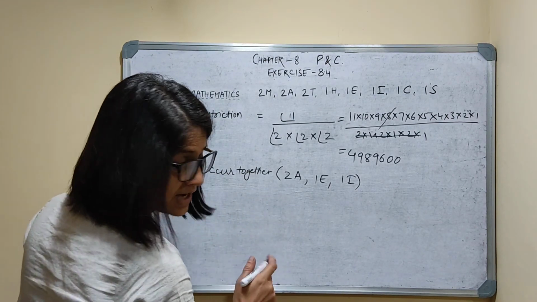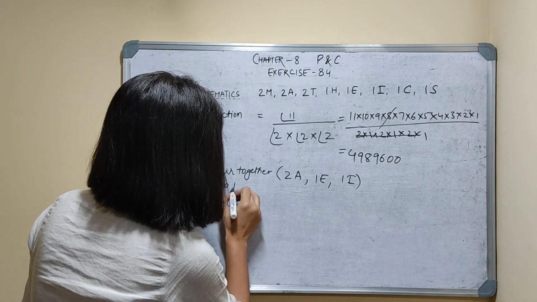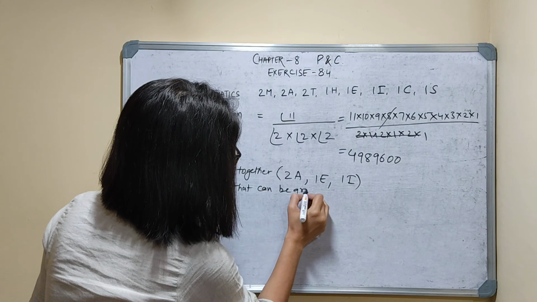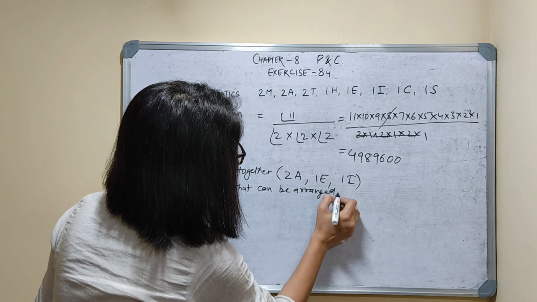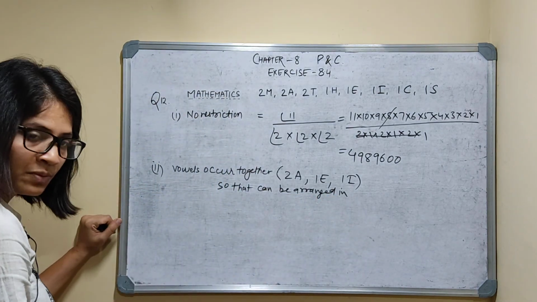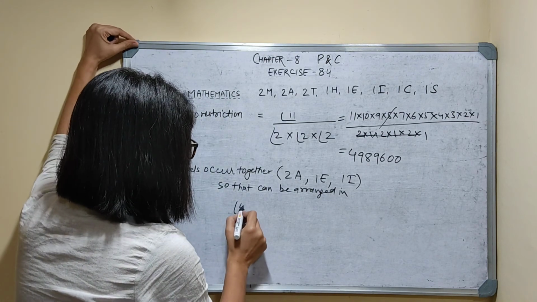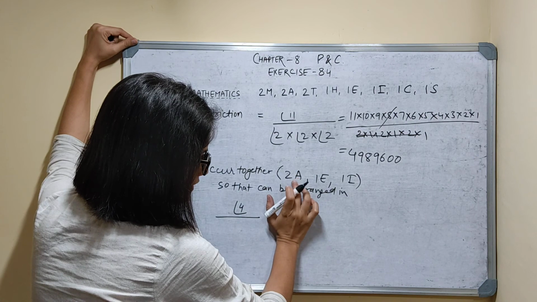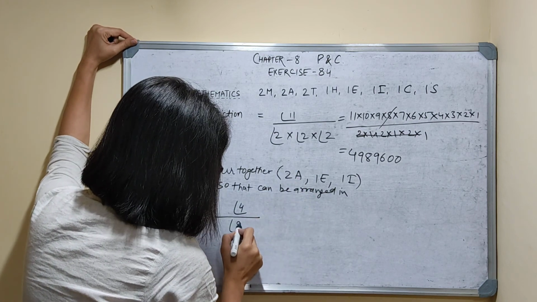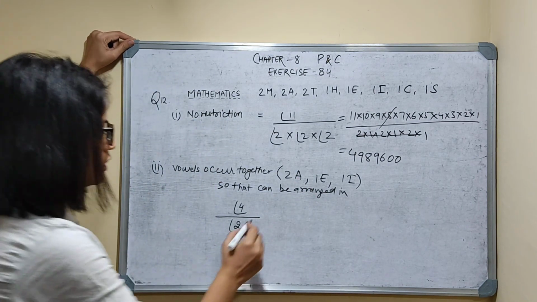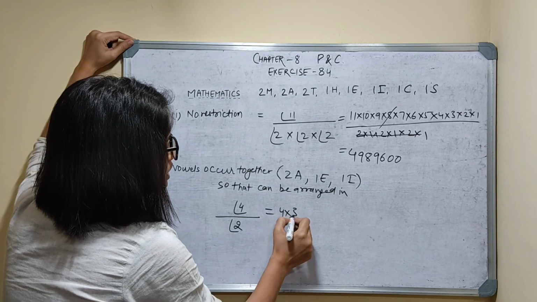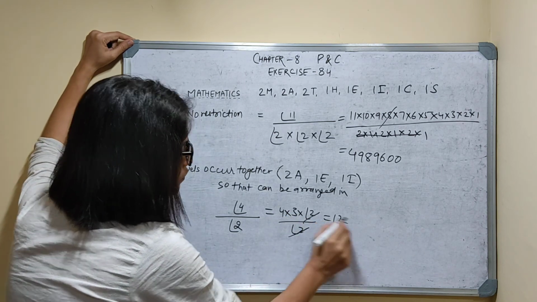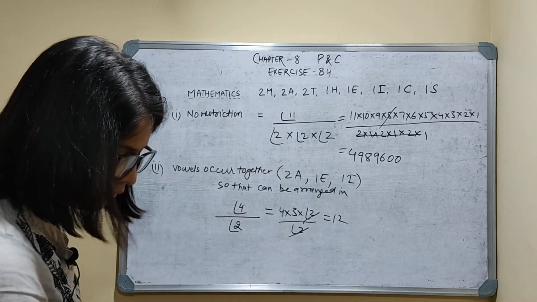So that can be arranged in how many ways? Factorial 4 upon factorial 2, since A is coming twice. So 4 into 3 into factorial 2 upon factorial 2, 12 ways you can arrange the vowels.